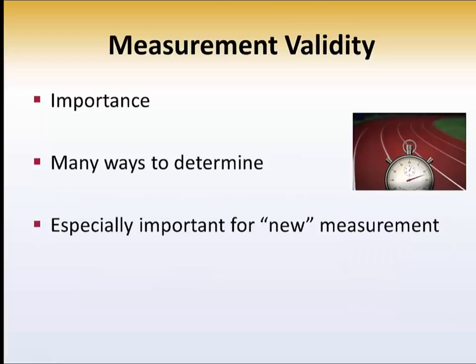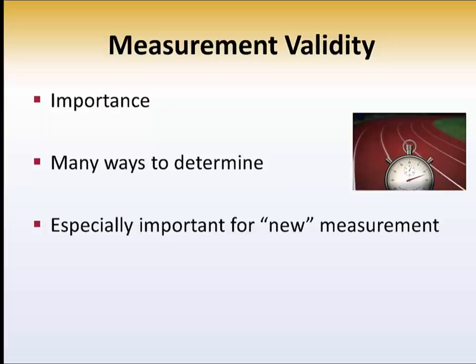Measurement validity is very, very important to statistics, because if you are going to use a statistical test to determine differences or correlations, if your measurements are not valid to begin with, then applying the statistical tests really amount to nothing. We have tried to show here there are many ways to determine validity.